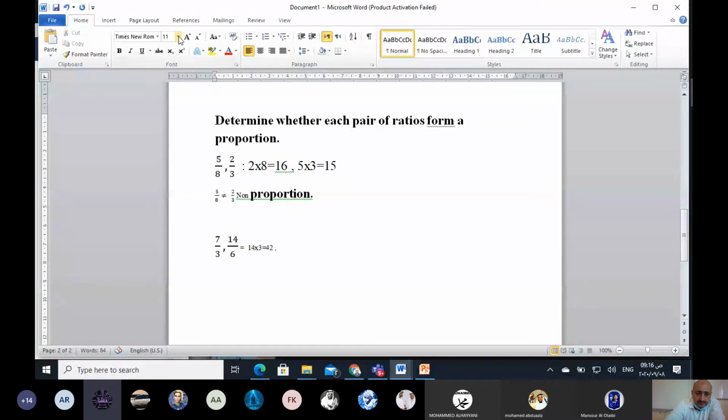And it's 7 times 6, 42. So when you do the cross product and you get the same answer, it means you have a proportion here.